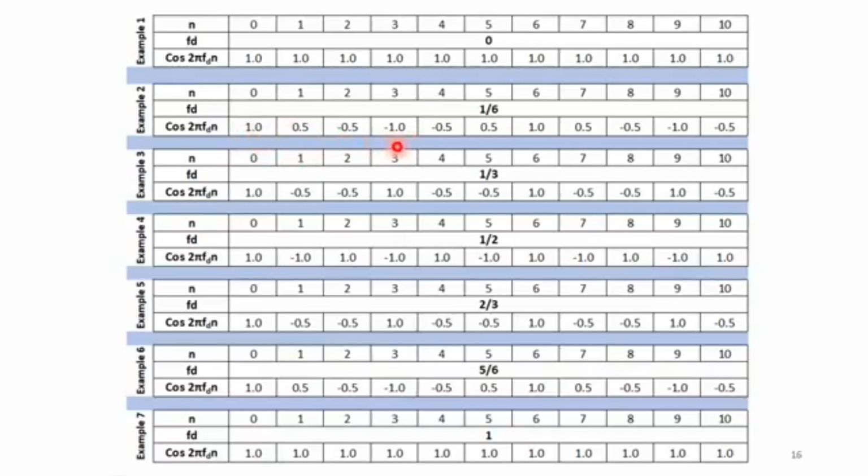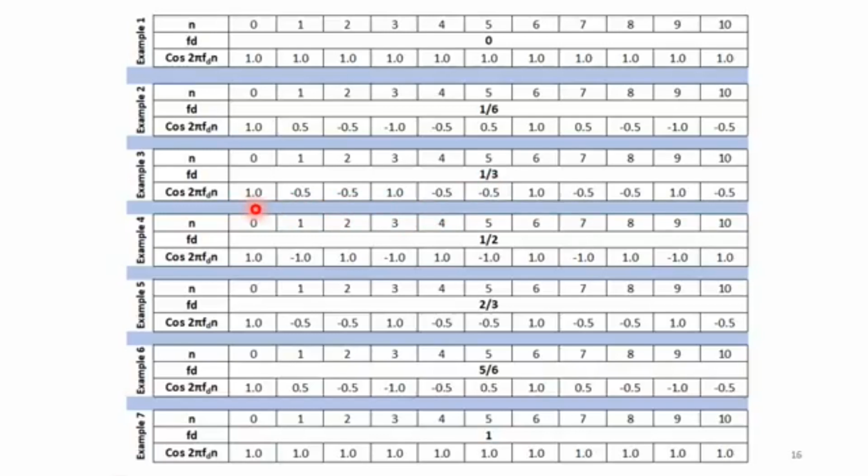So it takes almost 3 samples or 4 samples to move from the highest point to the lowest point. This gives us an indication of the rate of oscillation, that yes, it is there, and it is about 3 to 4 samples. Now when we move to 1 over 3, then we have 1, then minus 0.5, minus 0.5, 1, minus 0.5.